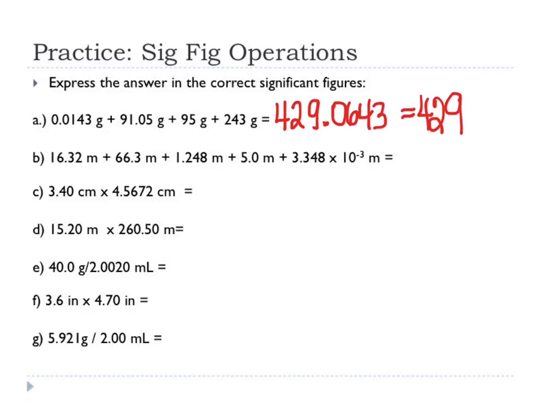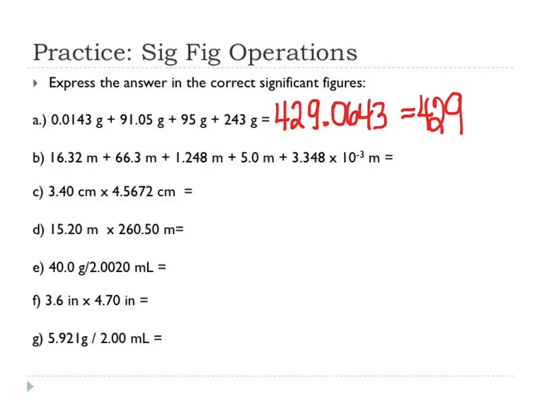Okay, so I'm going to give you guys a few minutes to work those problems, and then we'll go over the answers. Wait, but we do have decimal places. But we want to go with the least amount of decimal places. So we have one with 4 decimal places, 2 decimal places, none. So we need 0 decimal places in our final answer.